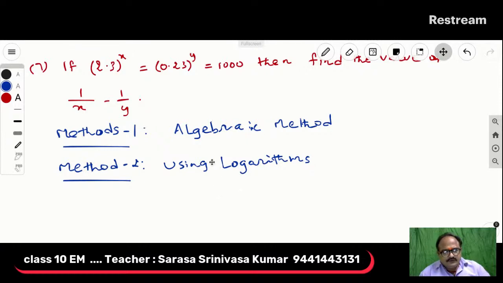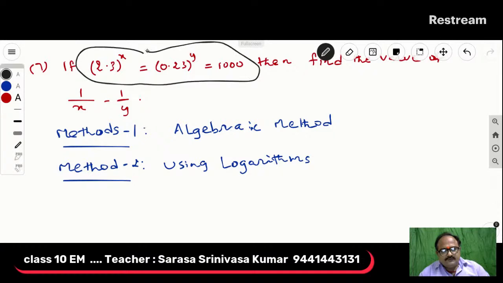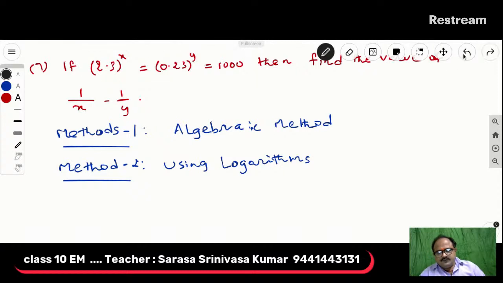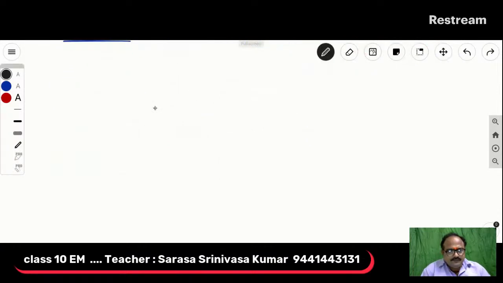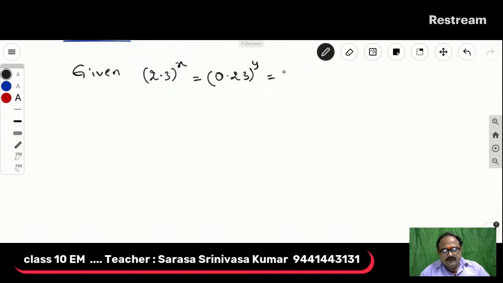So first we note down the given data. What is given? 2.3 raised to the power of x equal to 0.23 raised to the power of y equal to 1000.